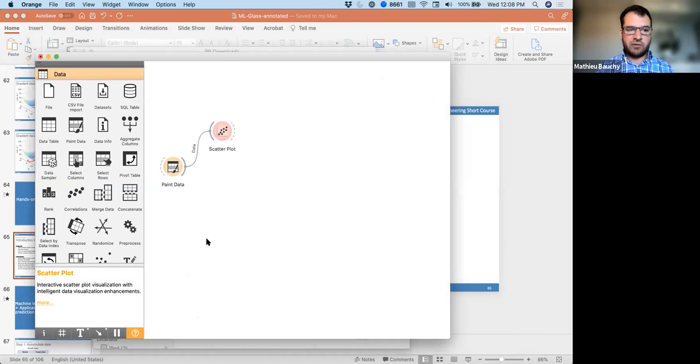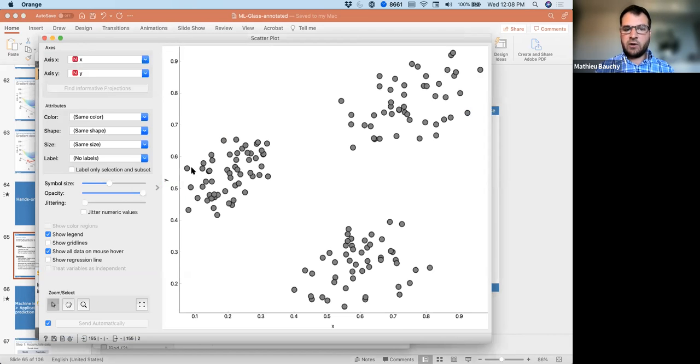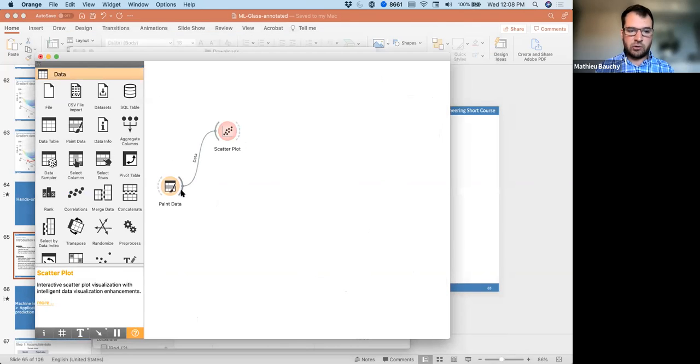So that's one thing. One thing that is very useful for unsupervised analysis is to calculate the distance between all the points. For each pair of those points, I can calculate the distance between them. So let me show you how it looks.